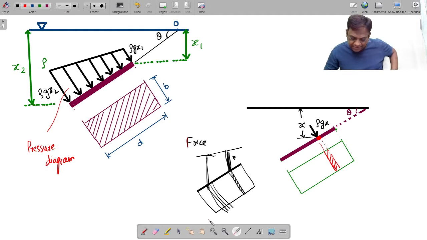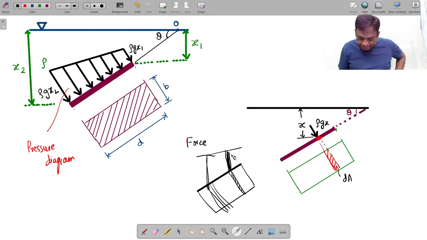So at a depth x, the pressure is rho gx. When the change in x is very small, in a small area, let us take this area as dA. In the small area dA, the pressure is rho gx only, because the variation of x is very negligible.